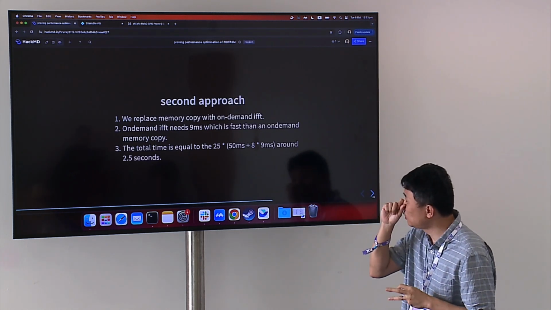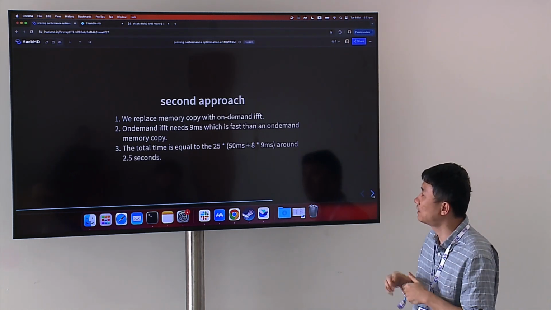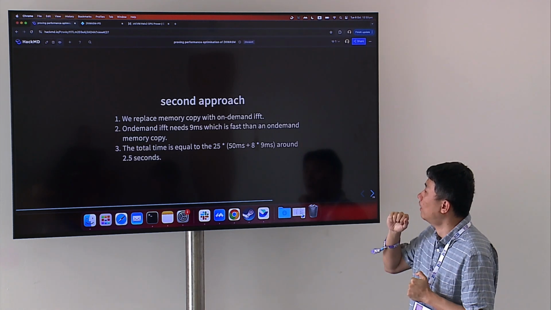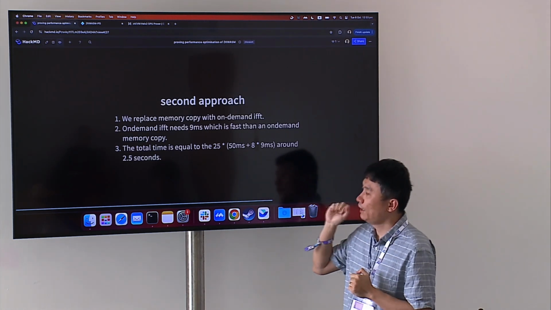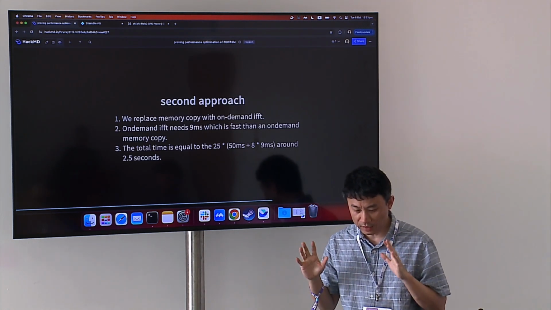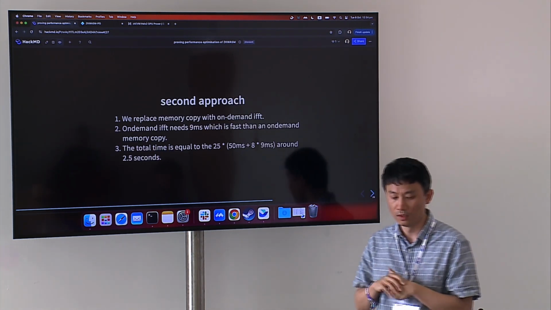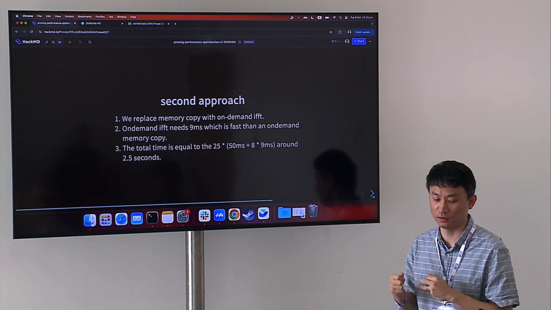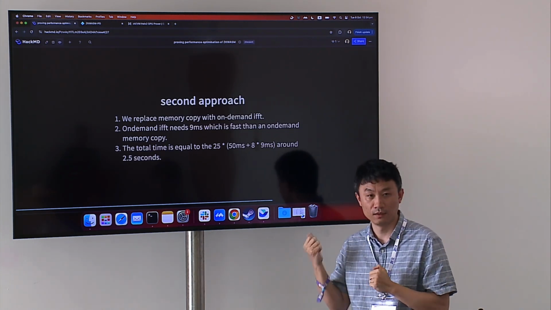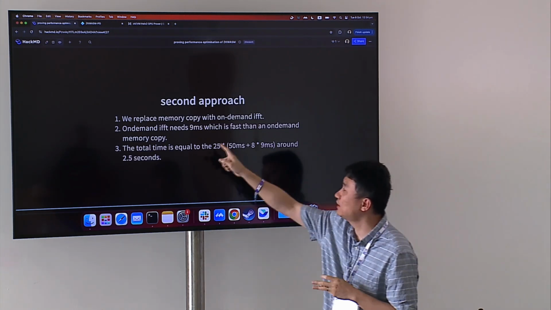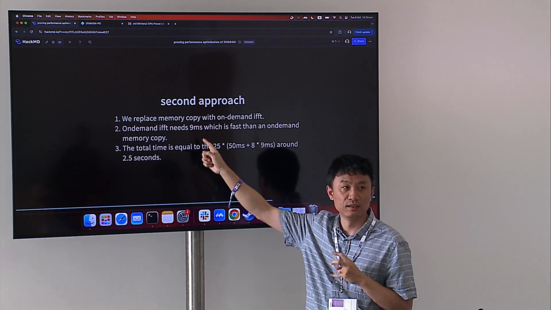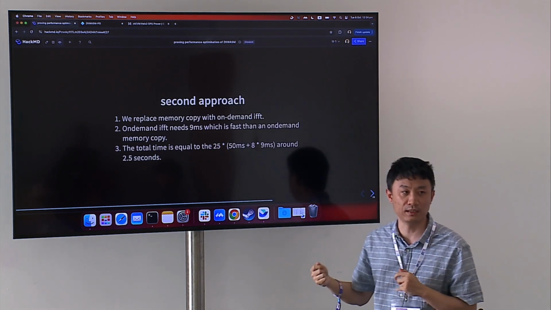So this solution has a problem: every time we have a miss on the vectors, we have to spend 9 milliseconds to do the NTT, right? But the gain is that compared to 20 milliseconds, we save 11 milliseconds when we hit a miss.